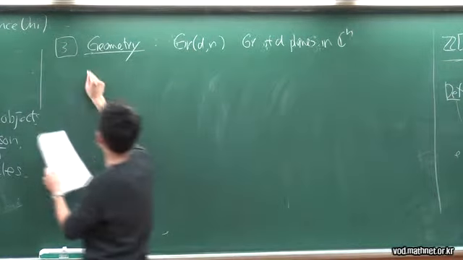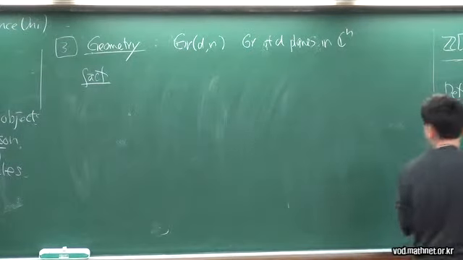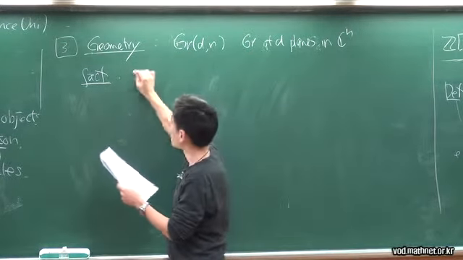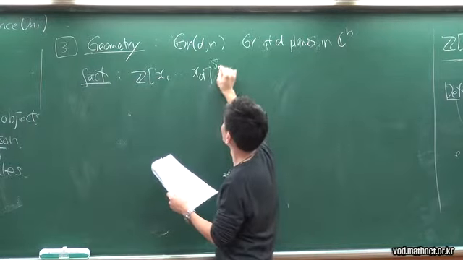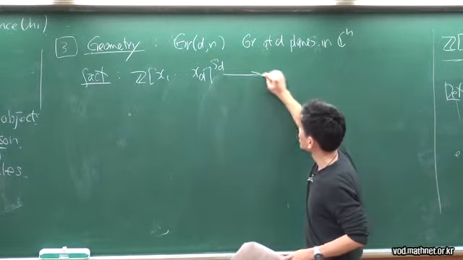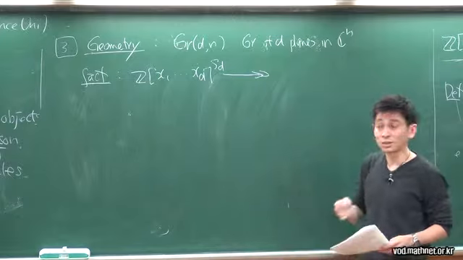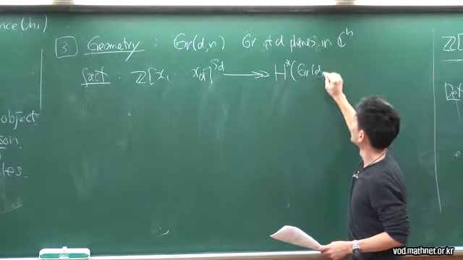And a very interesting, very deep fact is that you look at this ring of symmetric polynomials, and you can find a very natural ring surjection to the cohomology of the Grassmannian.